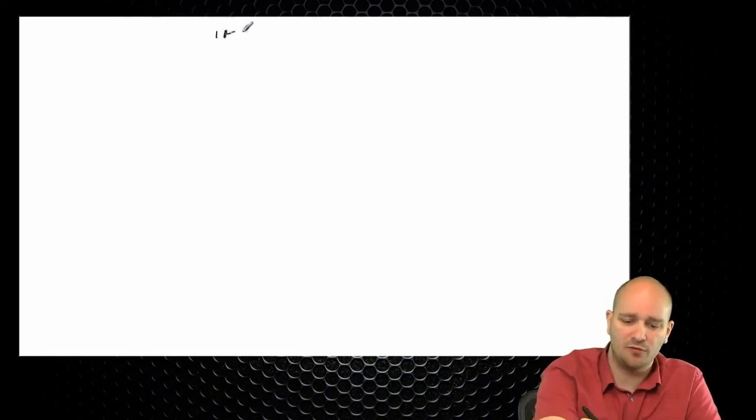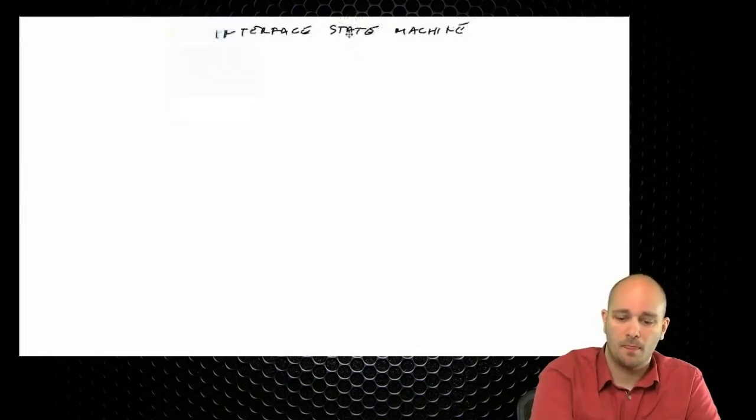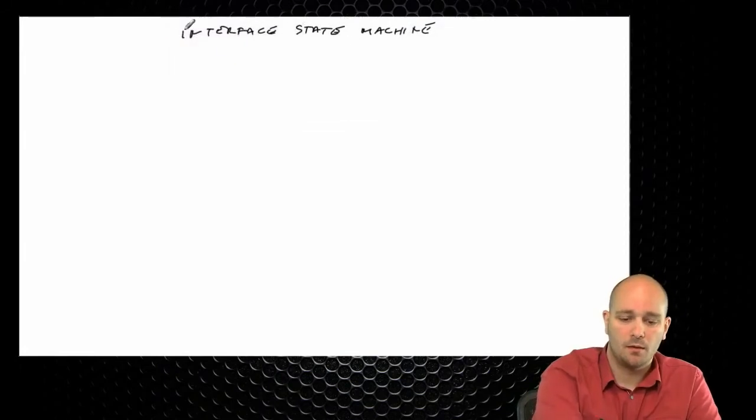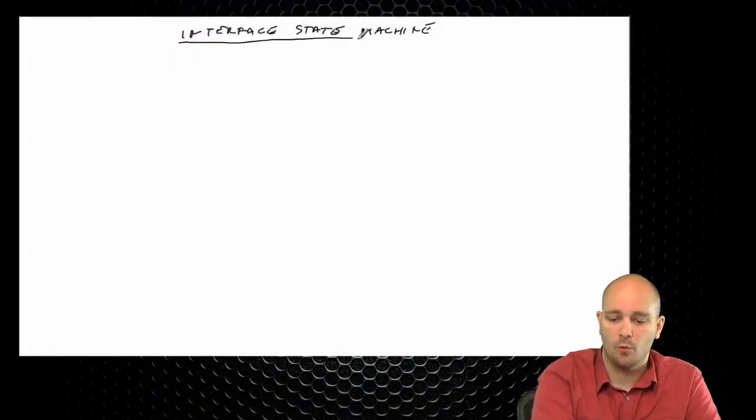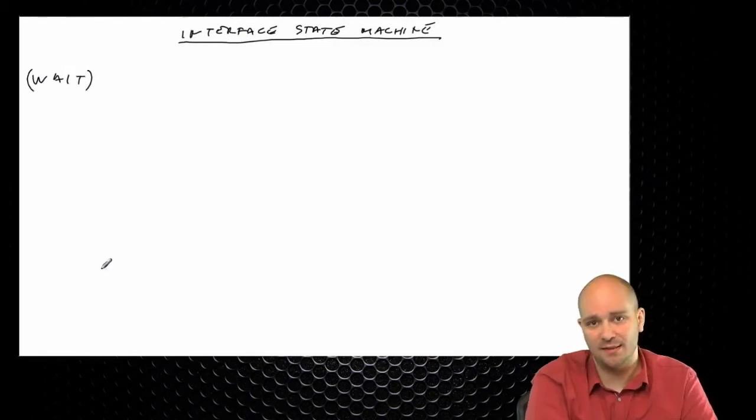The interface comes up. Depending on the interface, let's say the interface state machine. When the interface initially comes up, there could be an initial wait state.